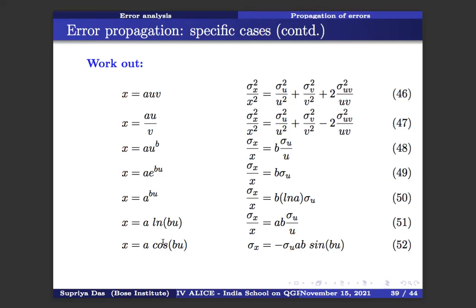These are general relations where your two quantities u and v, or a single quantity, may be related, and then you get the sigma on x in this way. I will not go through each of them. You can do it at home, and I'm sure that you can do this.